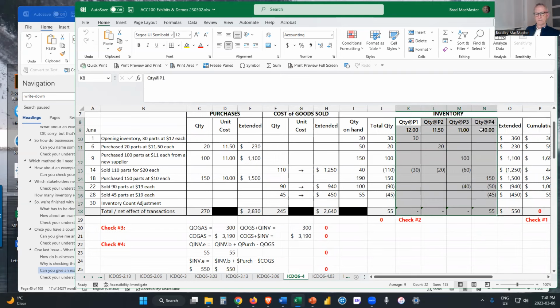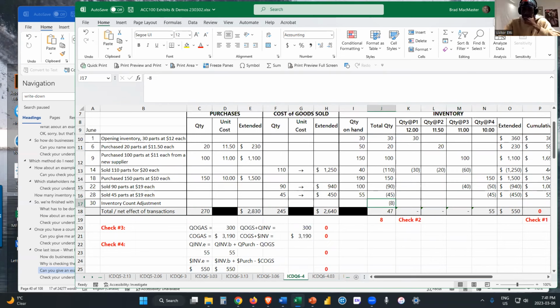Yep. So if we are going to make an adjustment to bring the inventory down to the quantity of 47, we're going to have to make a count adjustment, which is a reduction of 8 units here, right?